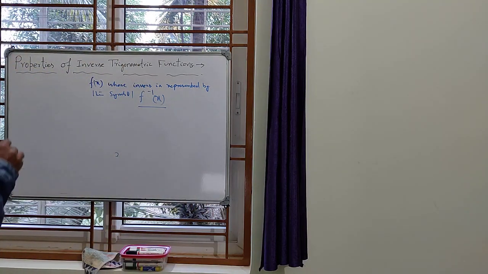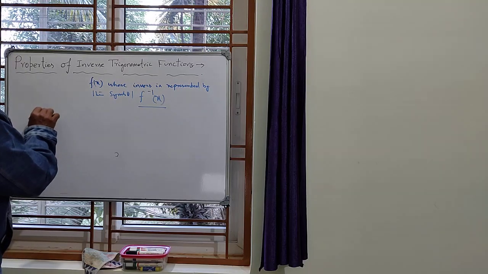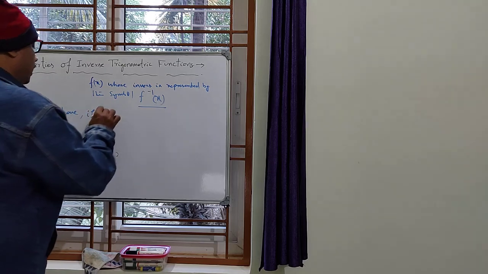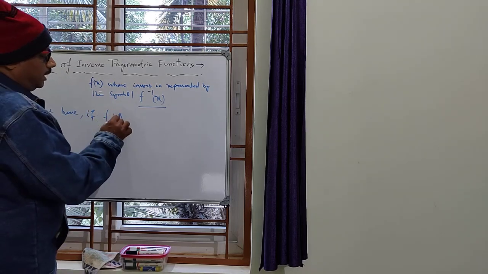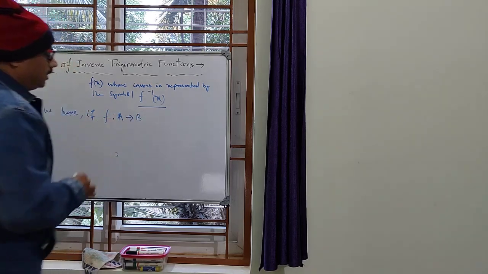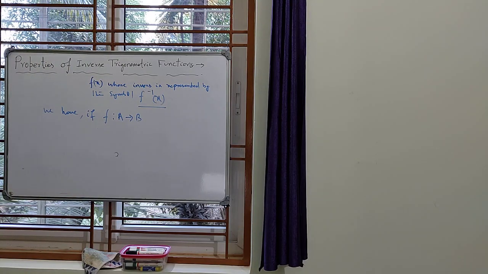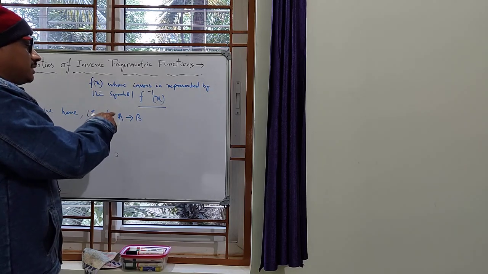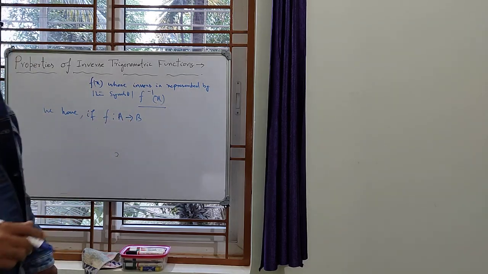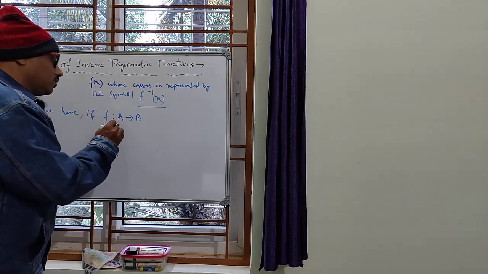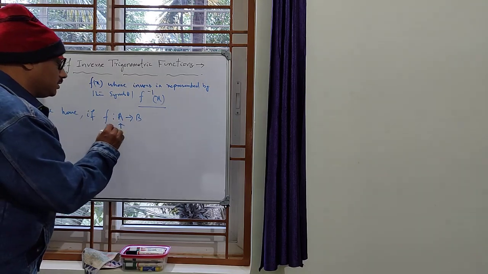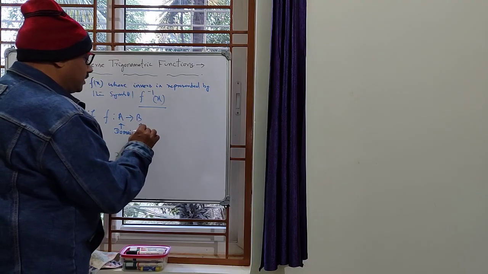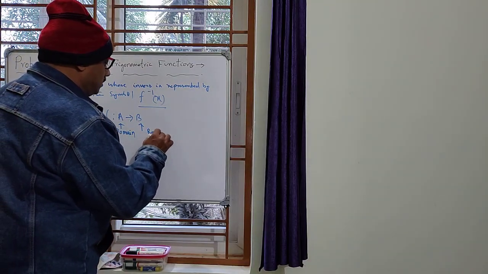We have, if f is a mapping from A to B, where f is the function and A is the set, B is another set. A is the domain set, and B is the range set.